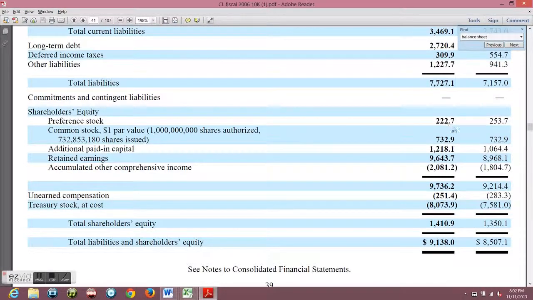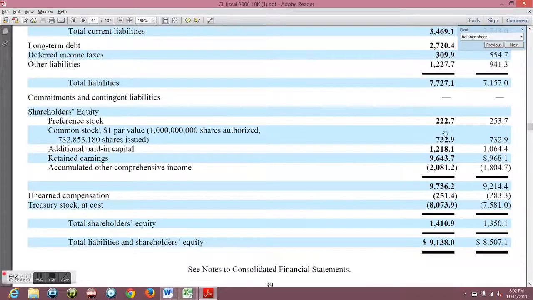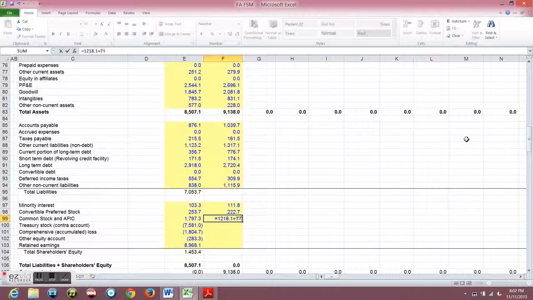So we have to add that together. 1218.1 plus 732.9. Our common stock is essentially the money, the shares that are outstanding, but additional paid-in capital is just an account that gets used whenever we do treasury stock operations.